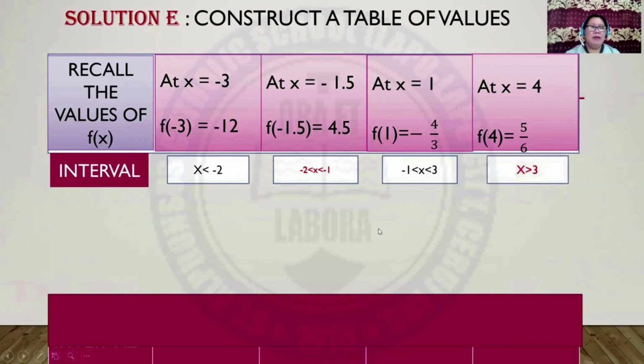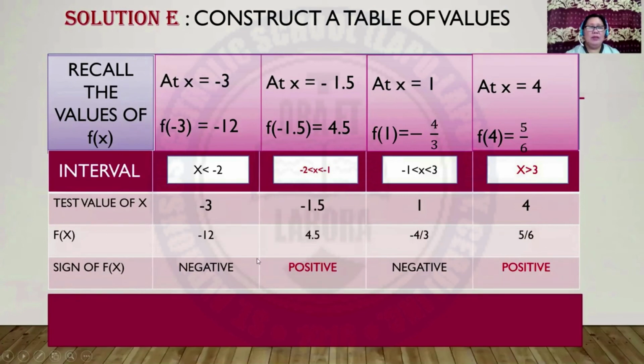Then for the table of values, we have to tabulate all the results. We're testing the values of x for -3, -1.5, 1, and 4. And the results of the f of x, we have -12, 4.5, -4/3, and 5/6. And look at the sign of the f of x.